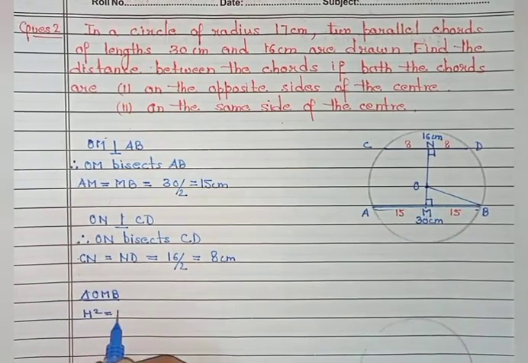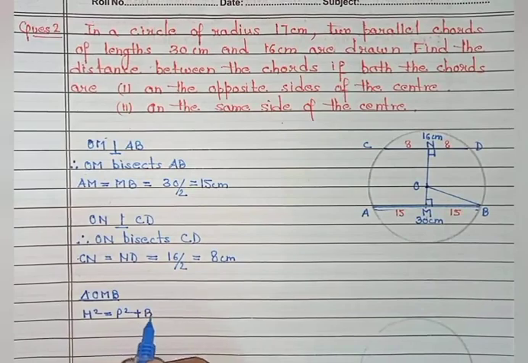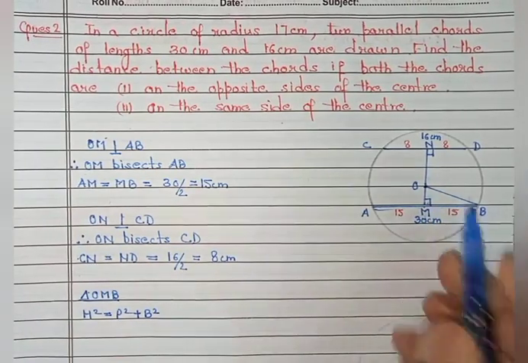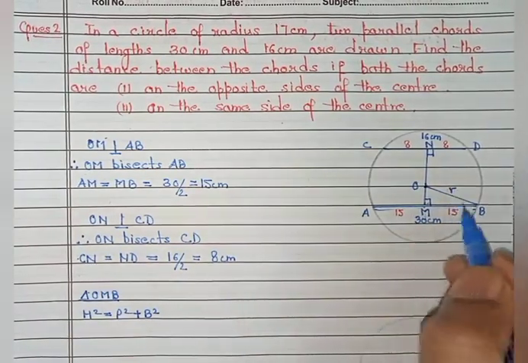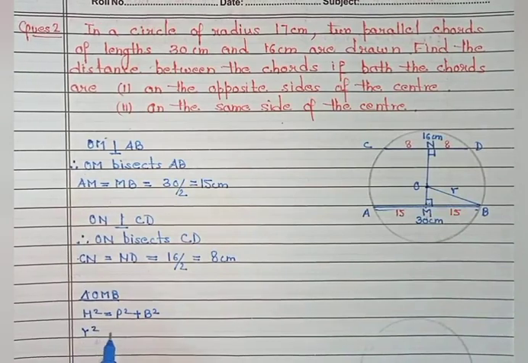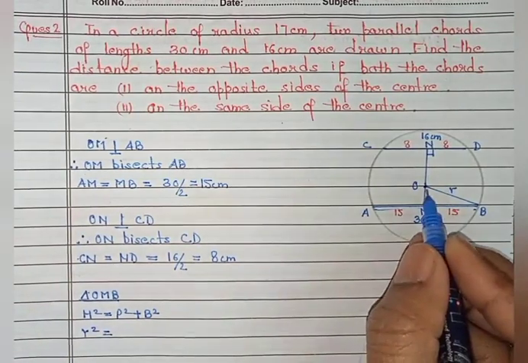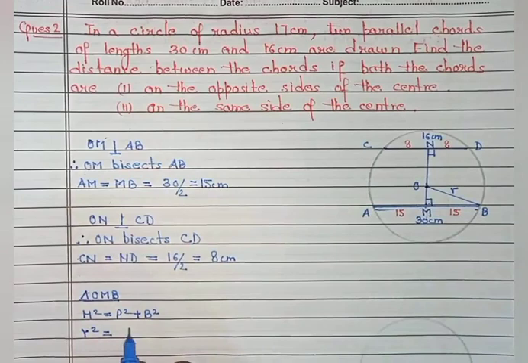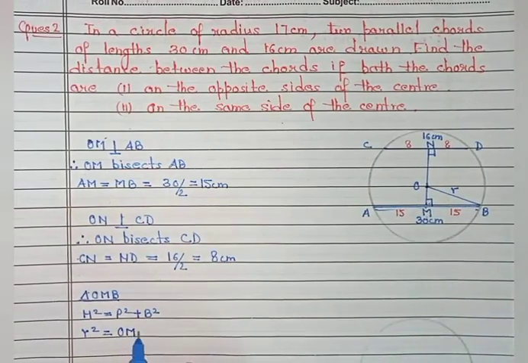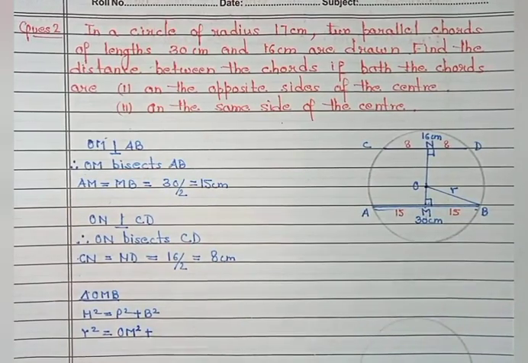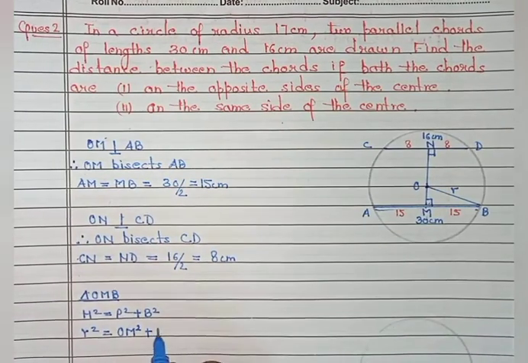So here the hypotenuse will be this side, that is the radius. So radius square is equal to perpendicular square, that is OM square, plus base square, which is 15 square.